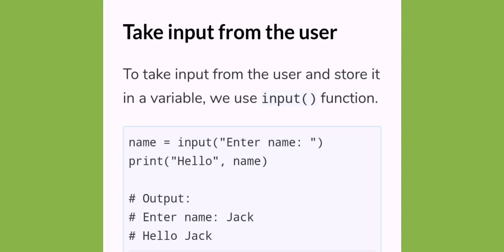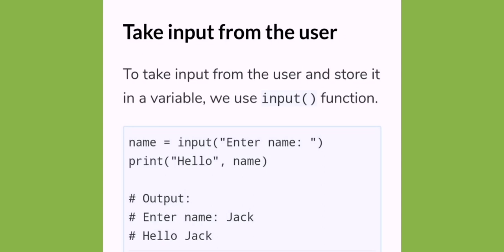So I will write name equal to, and I am using the input function. I will write input, parenthesis open, and double quotation marks, enter name. Then print hello, there is a message, and then a comma, because I am using the variable name. So hello, comma, and name.